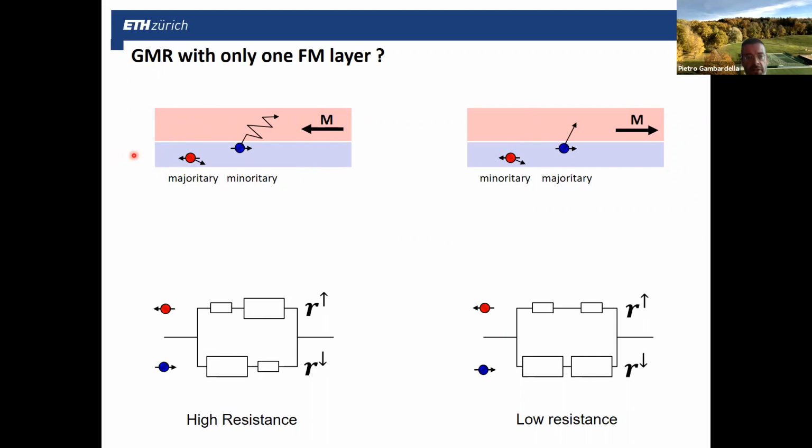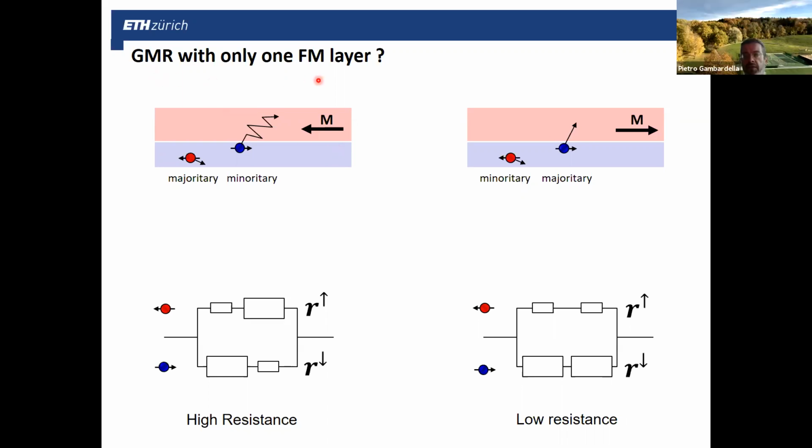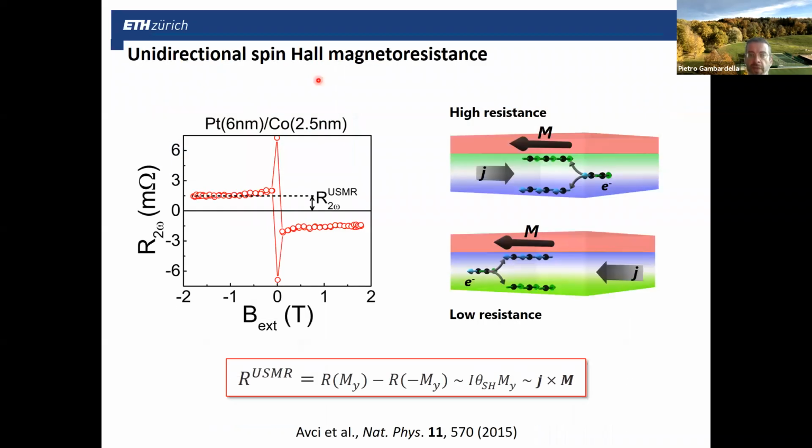So you can pass a current into, for example, a cobalt platinum system and accumulate spins at the interface that have a well-defined direction due to either the spin-Hall effect or interfacial spin-dependent scattering effects. So in principle, one can observe a phenomenon that is similar to GMR, but with only one ferromagnetic layer. And this is, in fact, observed.